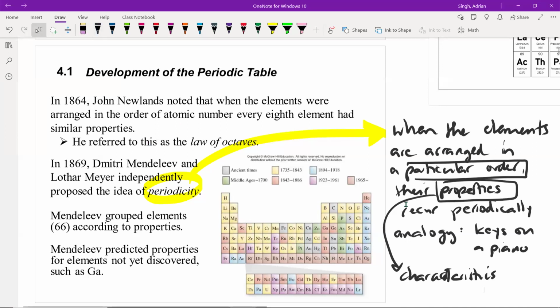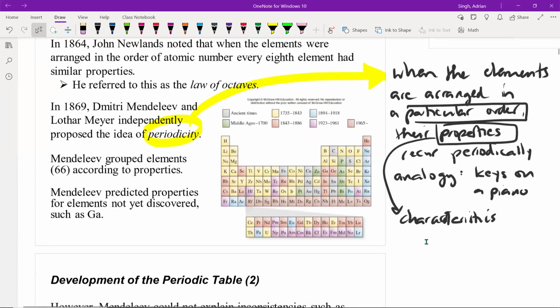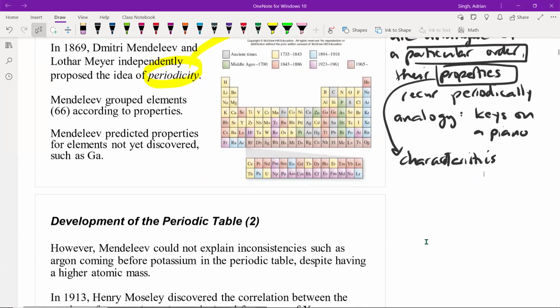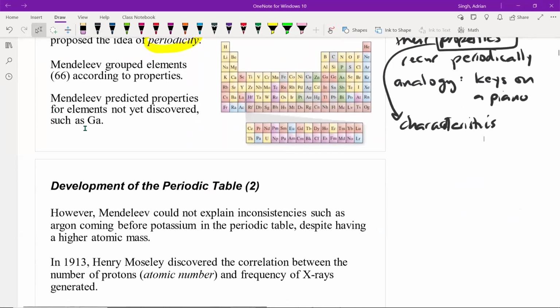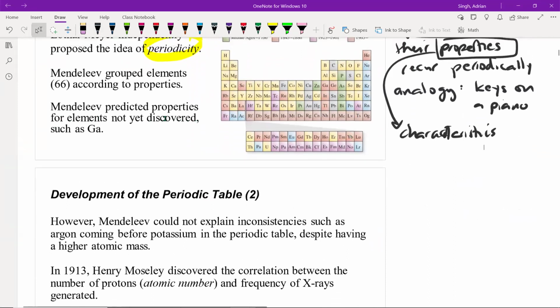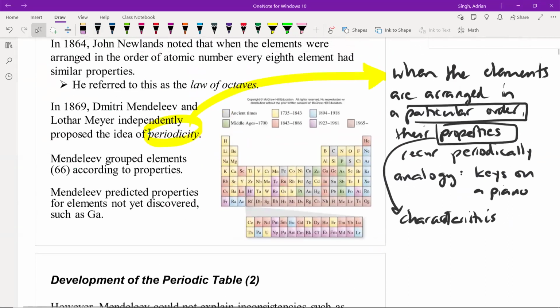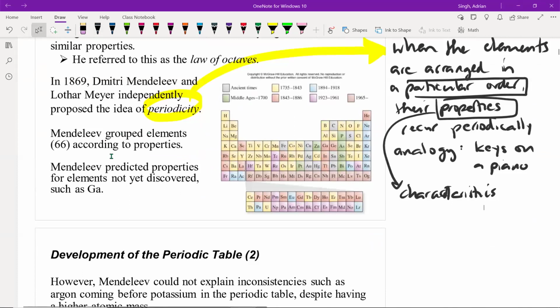And based on this observation, scientists at the time were able to predict the properties of elements that had not even been discovered yet. Today we know 118 elements. At the time of Mendeleev, Meyer, and Newlands, perhaps only a third of the elements had been discovered.